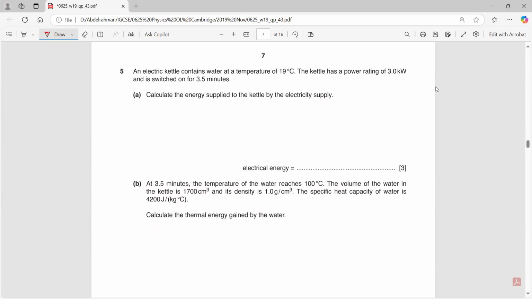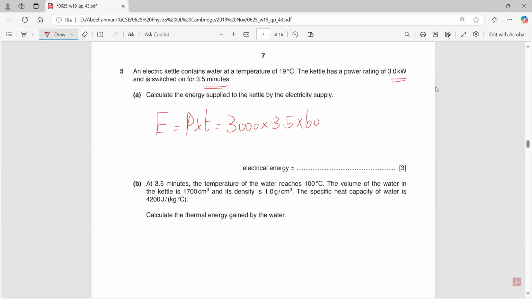An electric kettle contains water at a temperature of 19 degrees, power 3 kilowatts, switched on for 3.5 minutes. Find the electrical energy. The energy is equal to the power times the time. The power is 3 kilowatts, so 3000 watts, times the time, which is 3.5 minutes. You have to convert the minutes into seconds.